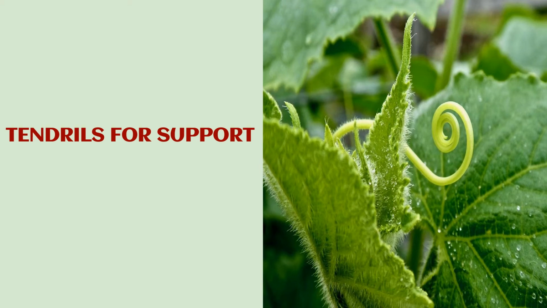Students, in creepers, the leaves or leaflets are modified into spring-like structures. Here you can see these structures are called leaf tendrils. They coil around some object, and it provides support to the weak stem to climb up, as we have seen in sweet pea.